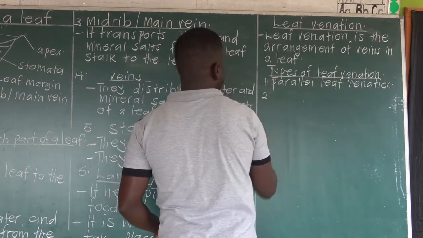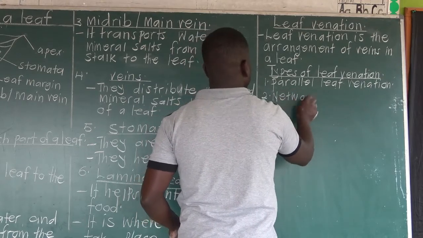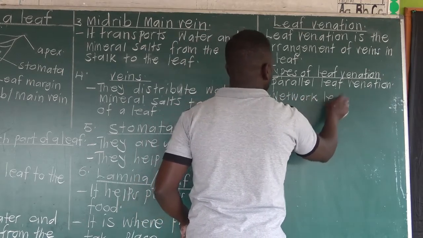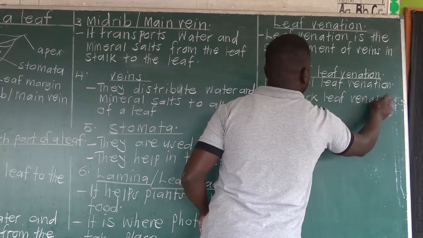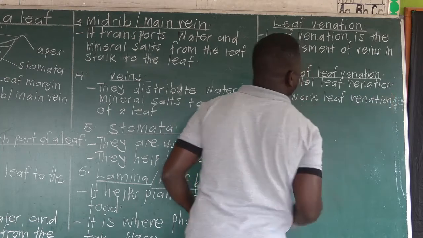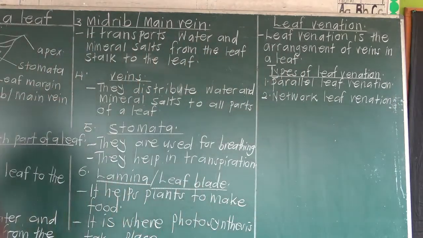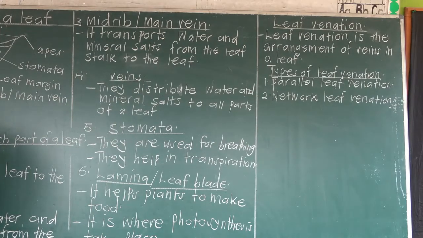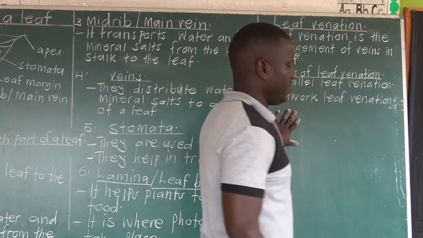Then number 2, we have network leaf venation. Parallel leaf venation and network leaf venation. Those are the 2 types of leaf venation.